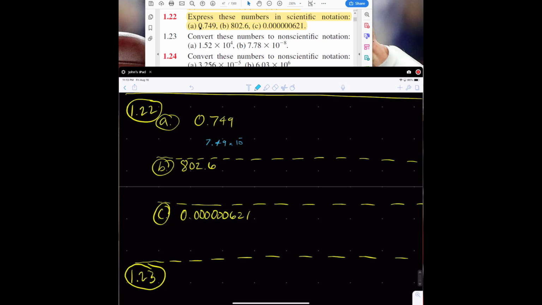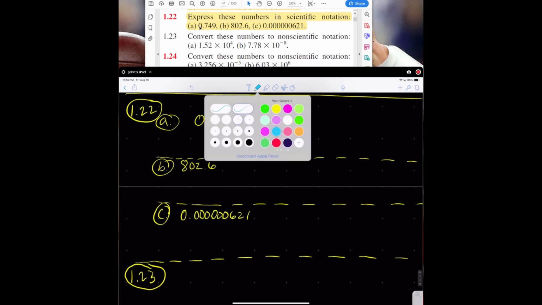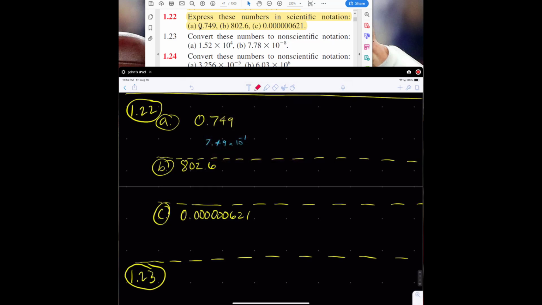It'll be negative 1, right? Because negative 1 will take this right here, and in turn we would get 0.749, which is exactly our original number.